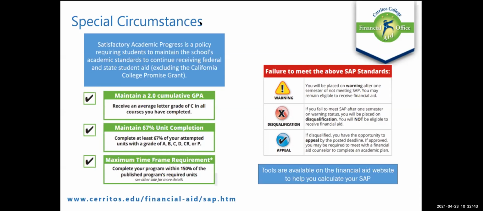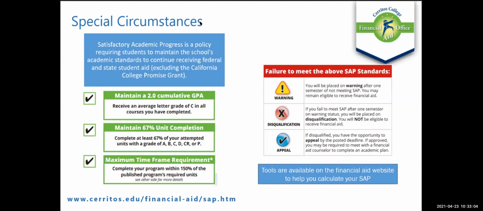The unit completion rate has been the most popular one lately that students have not been meeting, most likely due to the move to virtual learning. It's been very difficult for students. It would be difficult for me, I know that.